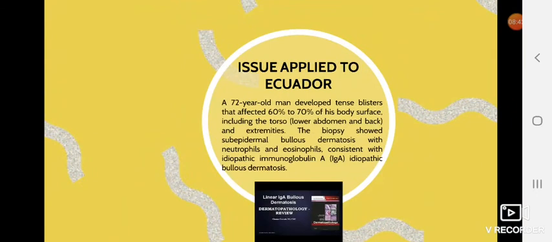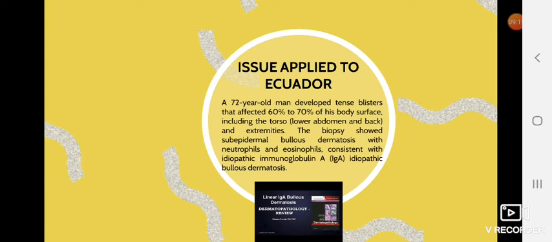Usually applied to Ecuador. Age 70, age 72 years old, male, the below touch blisters that affected 60% to 70% of his body surface, influence the torso, lower abdomen, and back.